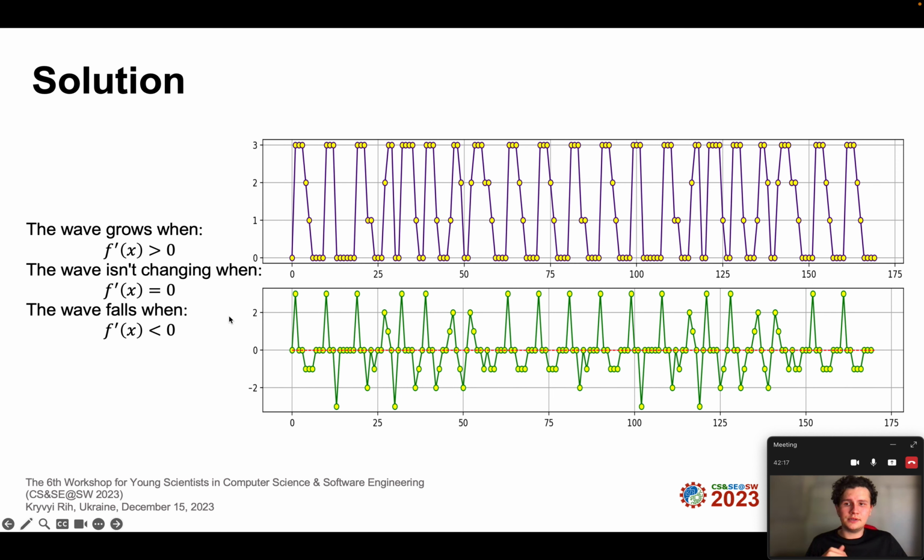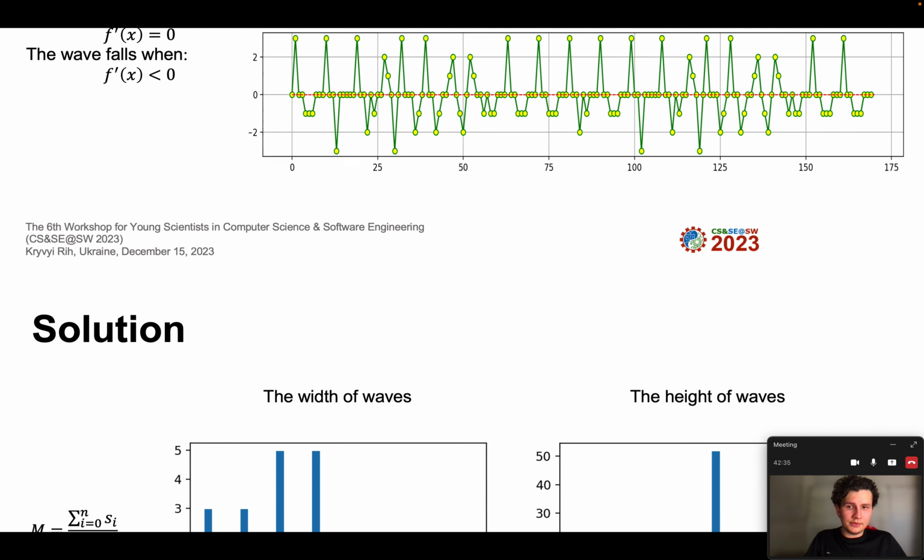When the wave isn't changing, the derivative is equal to 0, and the wave falls when the derivative is less than 0.